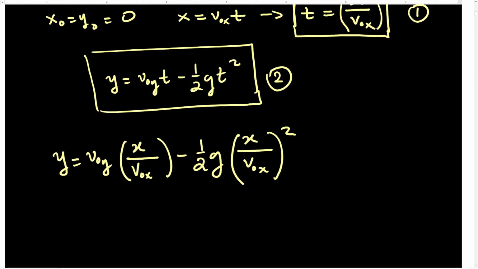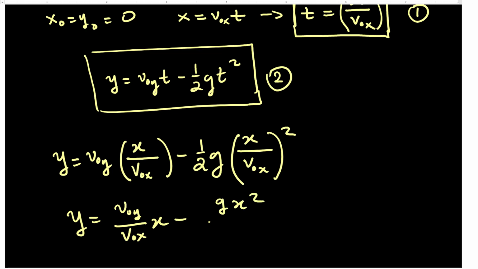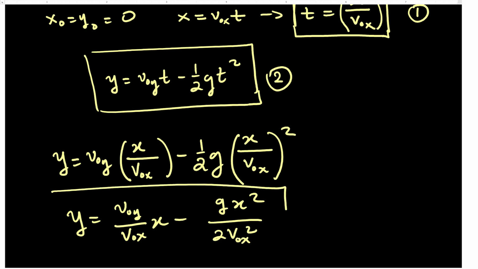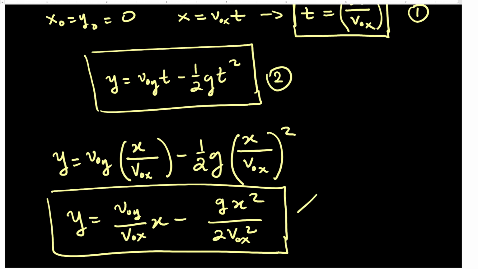And if you simplify the equation, y will be equal to Voy divided by Vox x minus g x squared divided by 2 Vox all squared. Right here is the equation of path of the projectile, or trajectory.